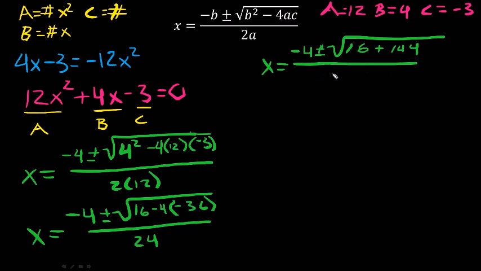All over 24. And then if we keep solving this, we get -4 plus or minus the square root of 160 over 24.